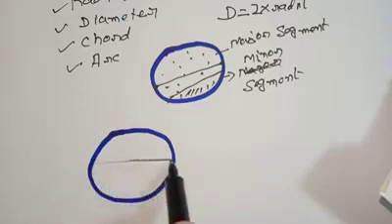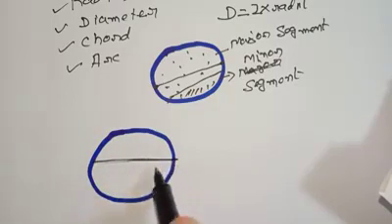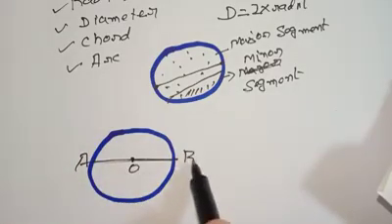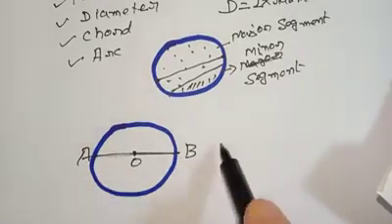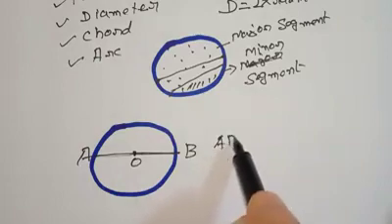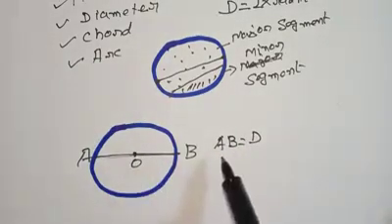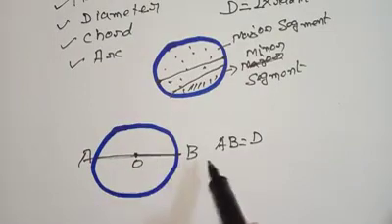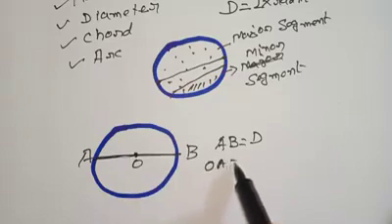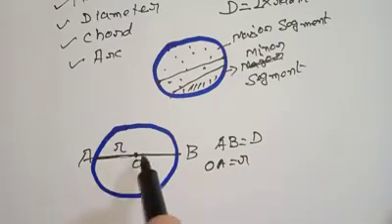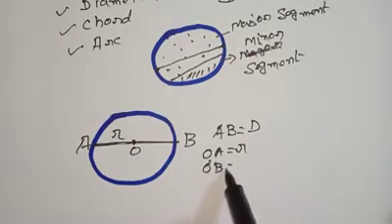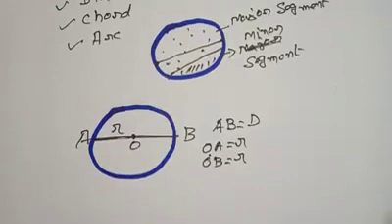I may mention the center as O, the origin, and this is A and this is B. Now if I mention AB as the diameter, I define it as D. OA is also equal to R, R meaning the radius. OA equals R. OB also equals R.